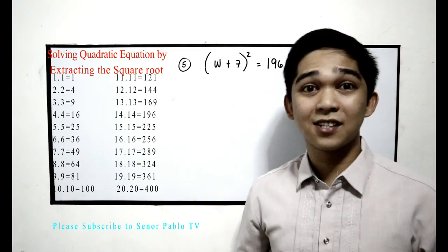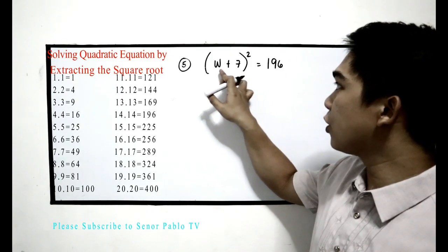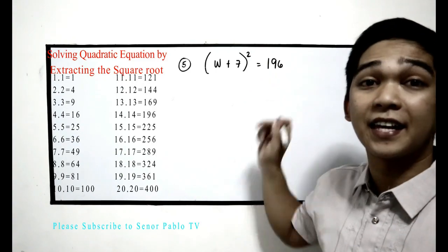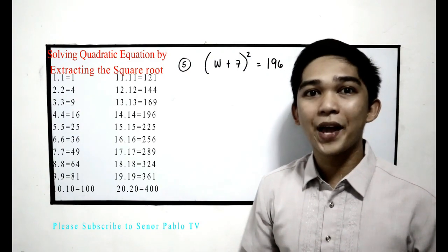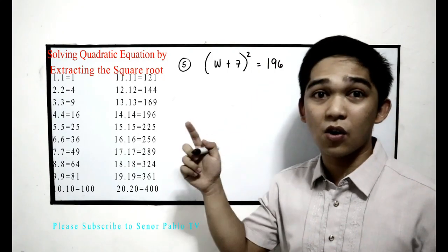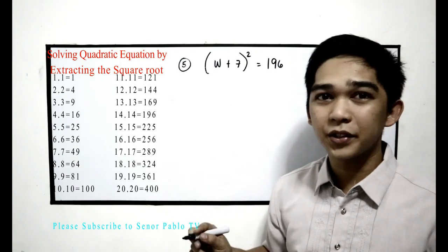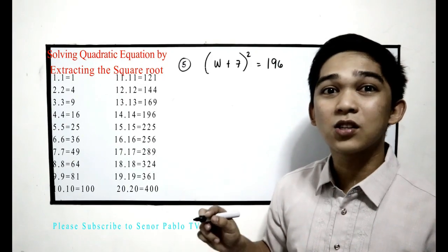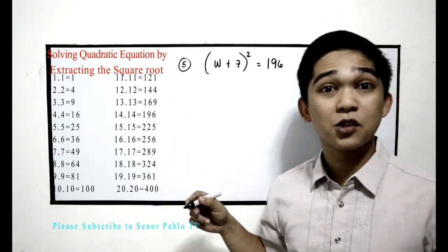And now our last example, number 5. Quantity w plus 7 raised to 2 is equal to 196. Notice that we have a parenthesis, and 196 is already isolated. Can we now extract the square root? Yes. And also notice in the given that 196 is a perfect square number.